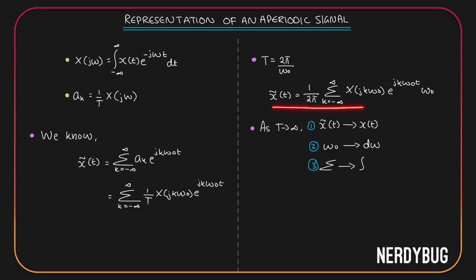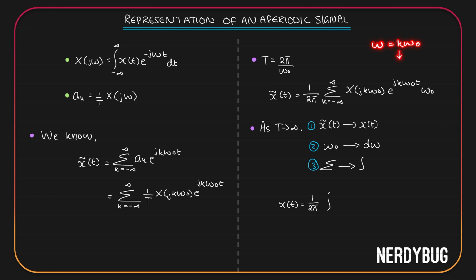Let us incorporate all of these in this equation. X tilde of t becomes x of t. So we can write x of t is equal to 1 by 2 pi, summation becomes integration. Limits are k equals minus infinity to infinity, but we know omega is k omega naught.